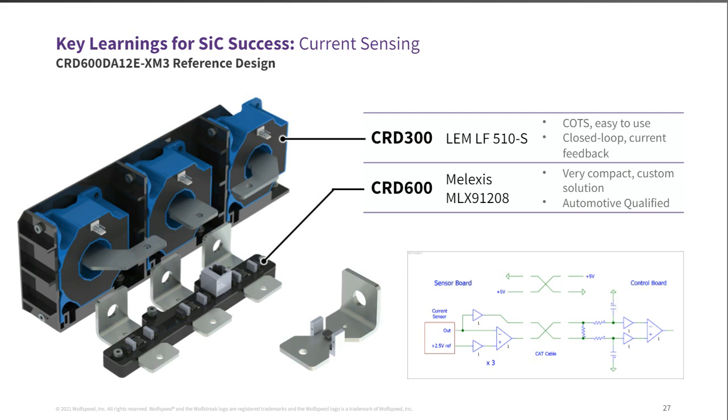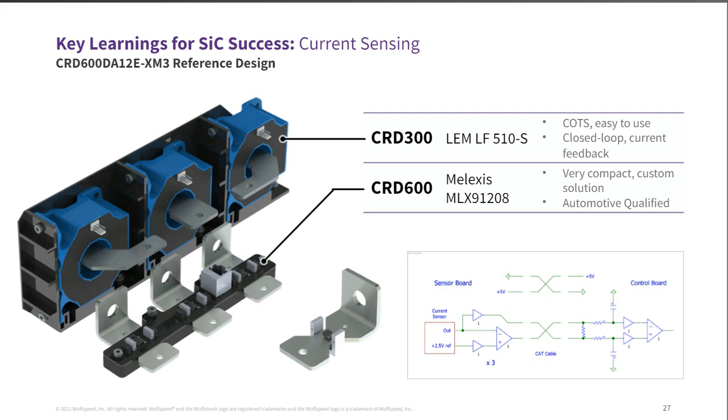As you see, the structure with the output phase busing goes through them, and they're closed loop sensors, so very high accuracy in our current feedback, very immune to noise, and a very nice solution overall. So a pretty simple choice for the 300 kilowatt kit.